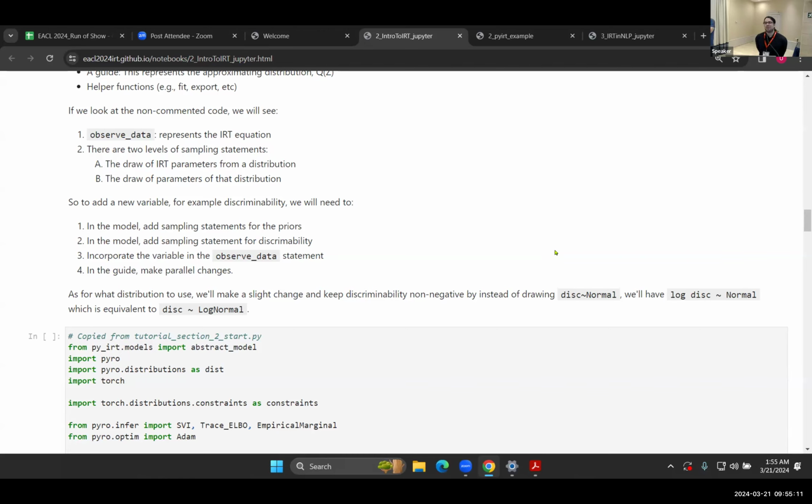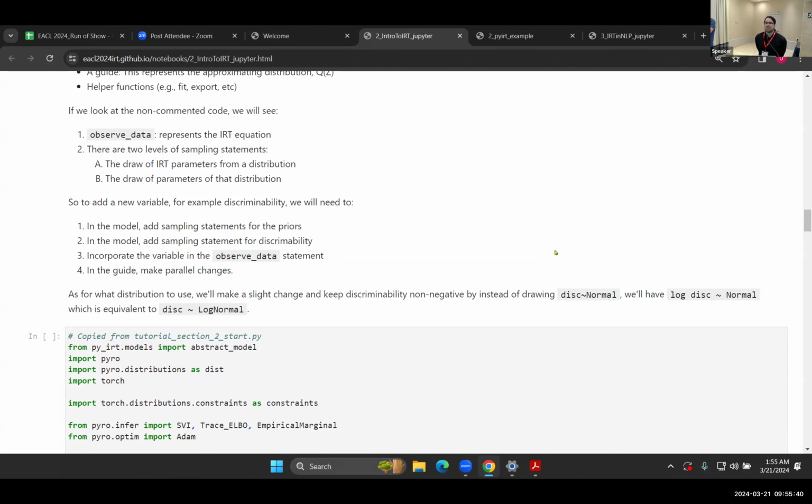But if that's not something I think is happening in my data, then I can say instead that log discriminability is sampled from a normal distribution, or that discriminability is sampled from a log-normal distribution. That's basically saying I think some examples will be more useful than others, but I do not have any cases where a more skilled model results in lower accuracy.